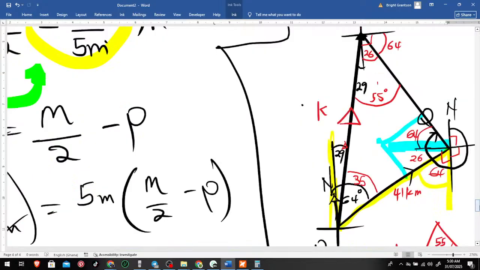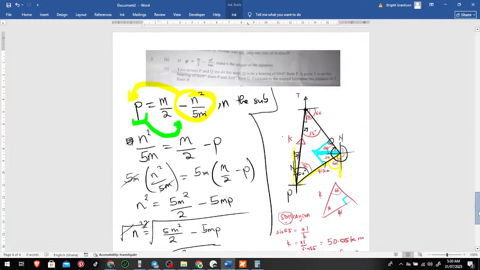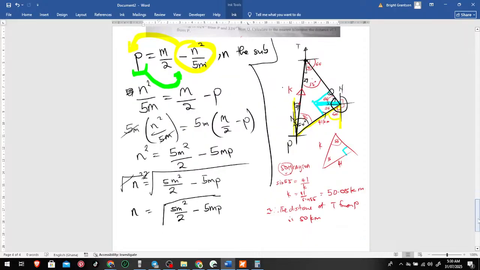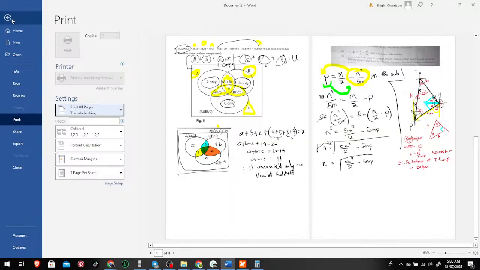So this is the solution. I hope you understand. I'll share the PDF of the solutions on the page.